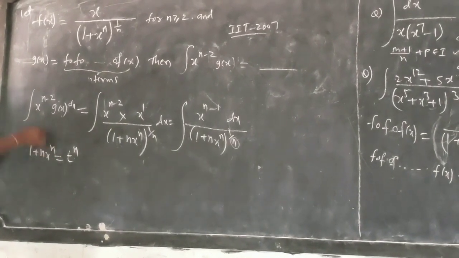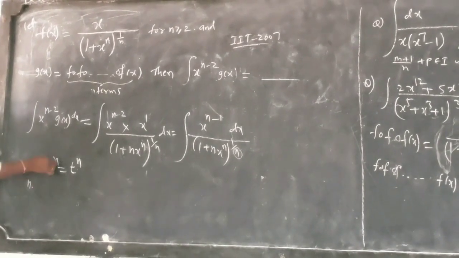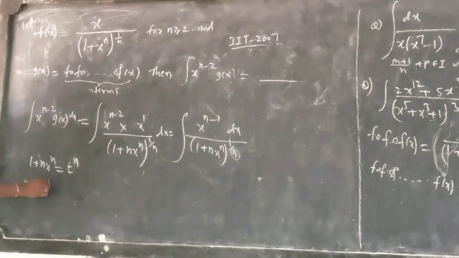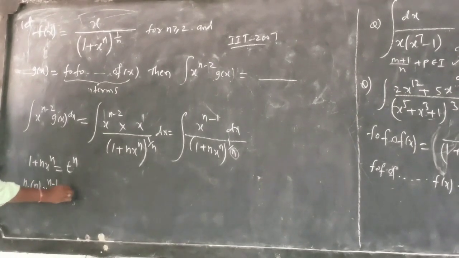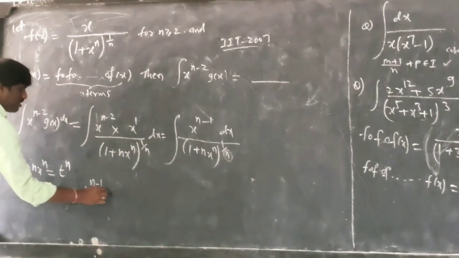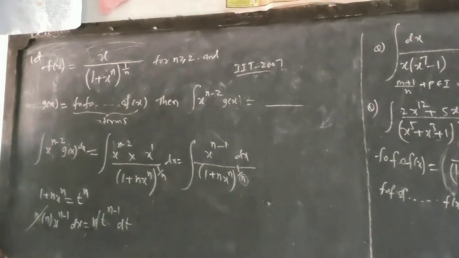Now differentiation of this will be how much? Here n is same, x^n differentiation, that is n into x^(n-1) dx is equal to n into t^(n-1) dt. This n gets cancelled.